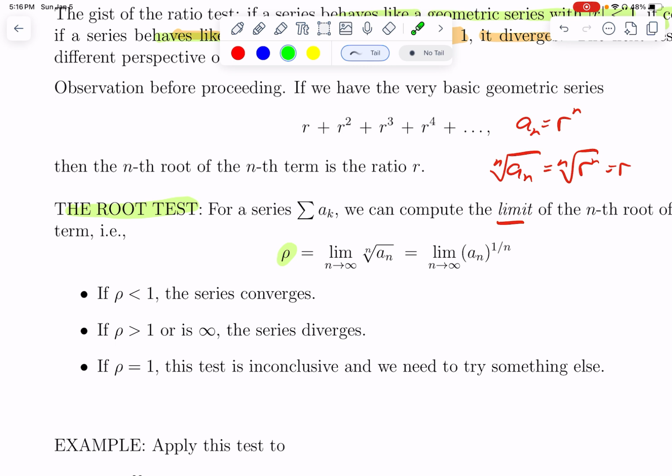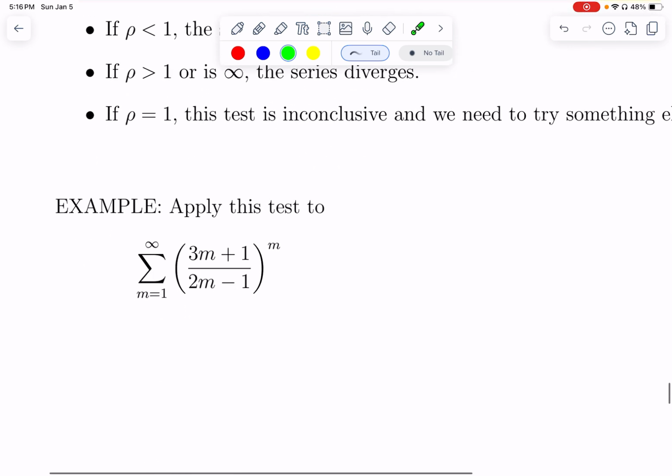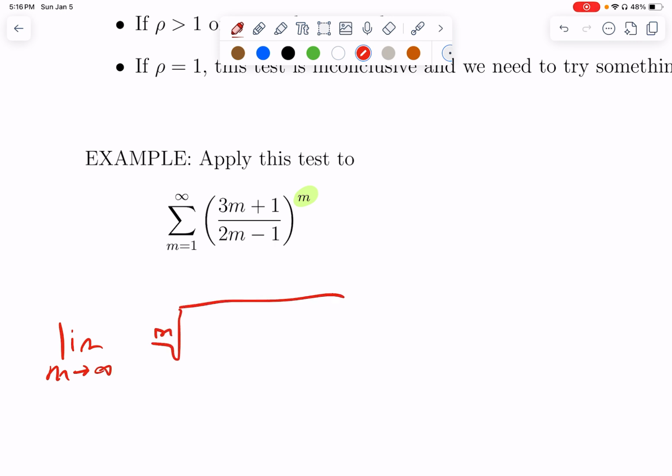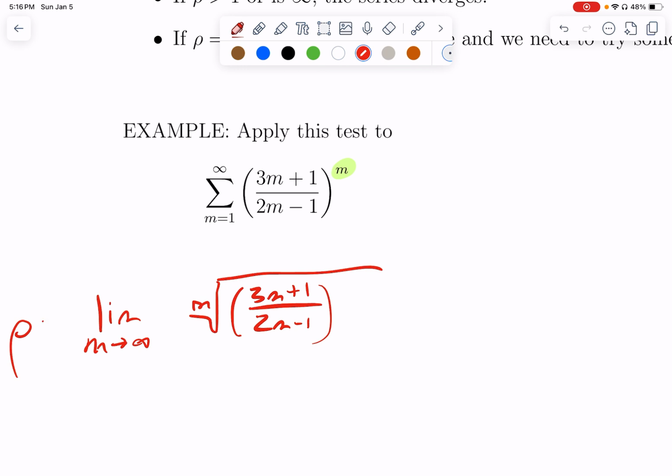So just as a very quick example, suppose we have this thing. If you notice you have a power in each term, but it's not literally geometric, the root test could be very helpful. So we could do the limit as m goes to infinity of the mth root of the mth term. Label this rho.